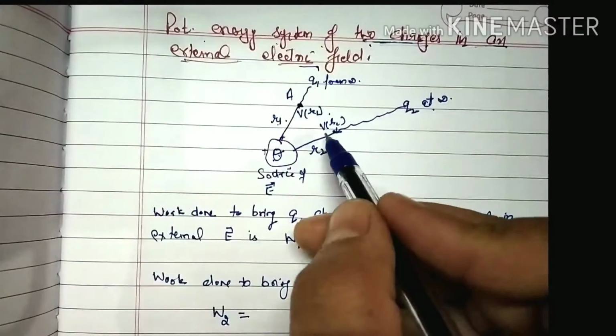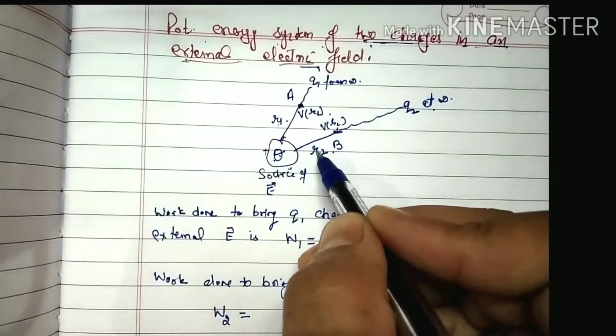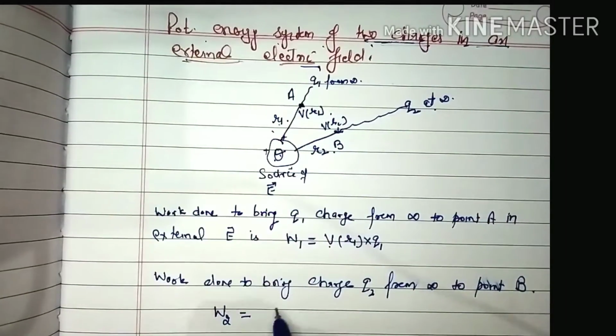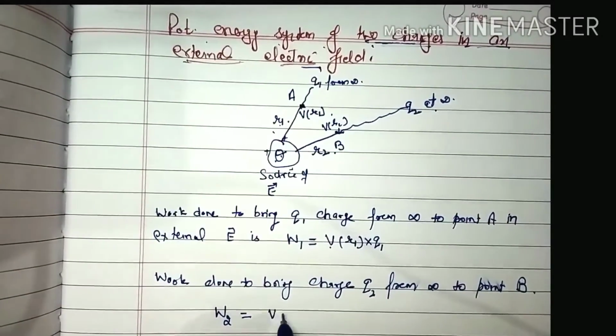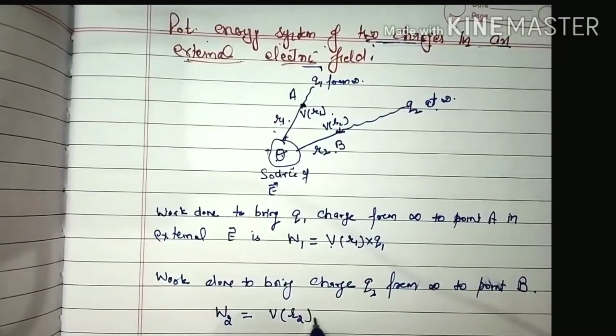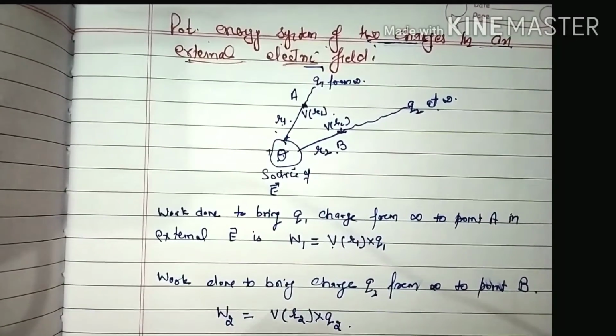So here I am writing V(R2); this distance may be different than that of R1. So here we will write V, the potential at R2, times Q2.